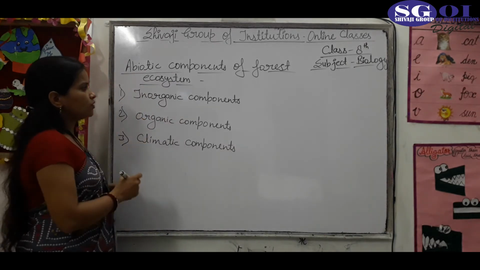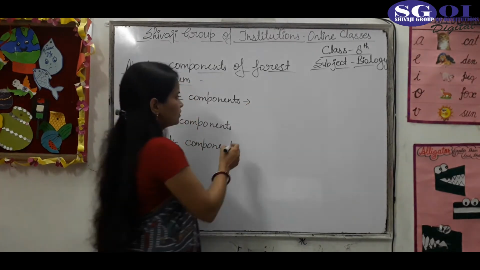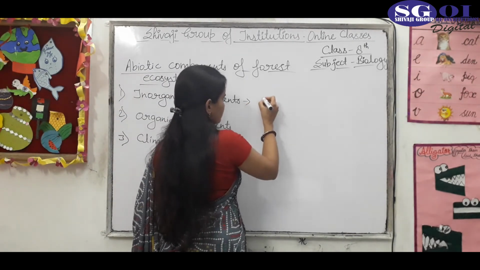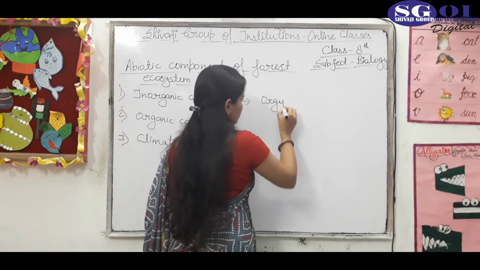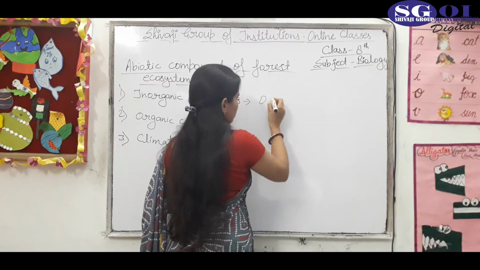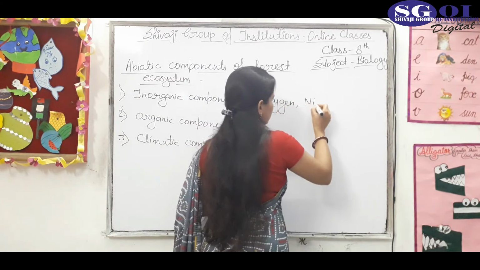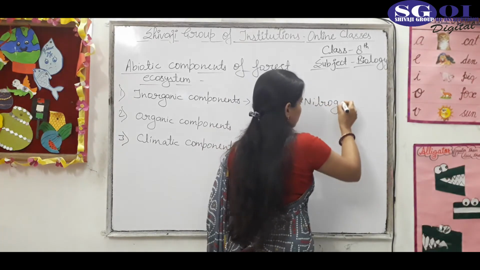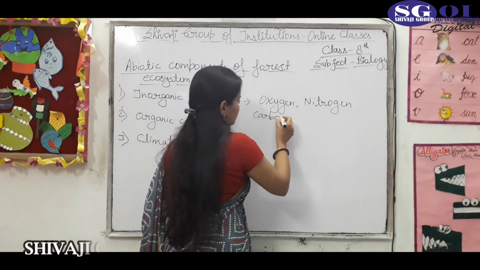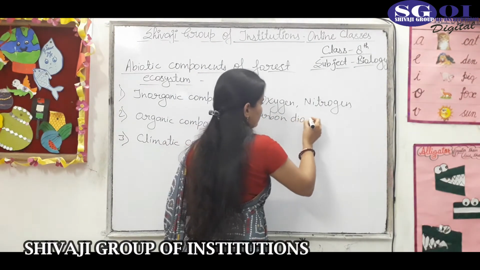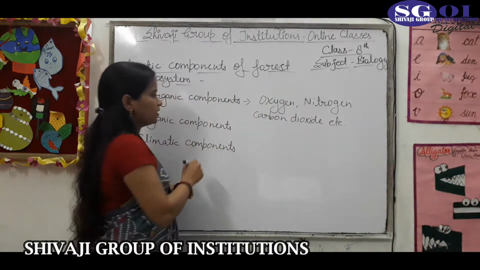So in the inorganic components, there are several types of components like oxygen, nitrogen, carbon dioxide, etc. This is the inorganic components.